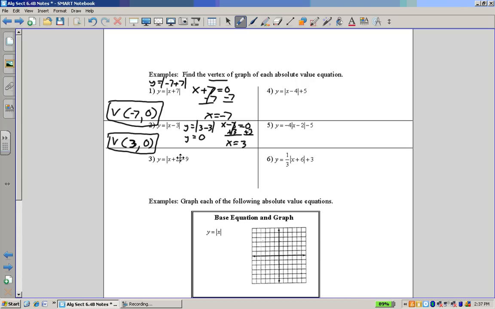Again, trying to find my vertex. Now notice we have something outside the absolute value this time. We're going to set just the absolute value part equal to 0. I'm going to go ahead and solve. X equals negative 2. So that's part of my vertex.